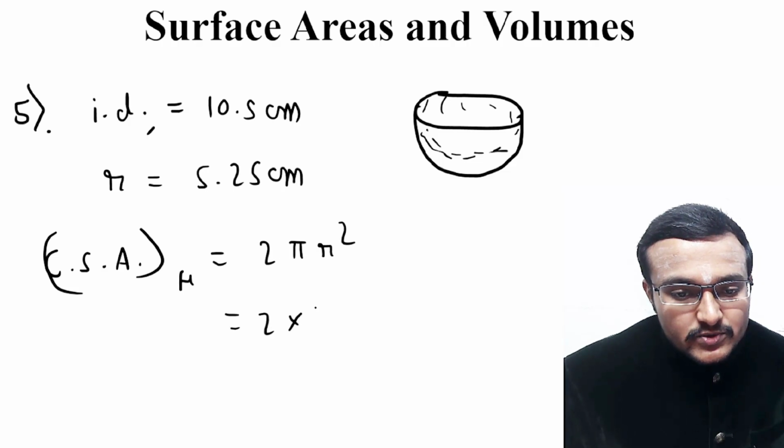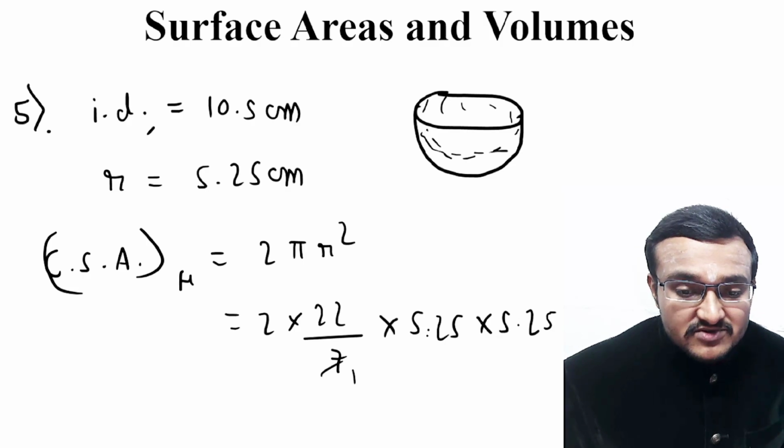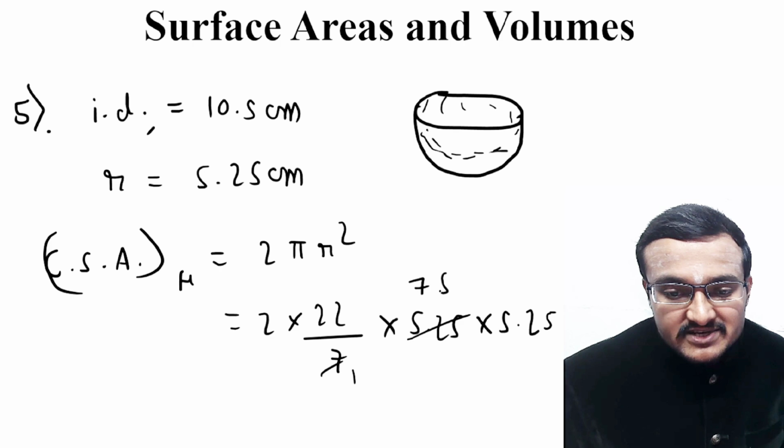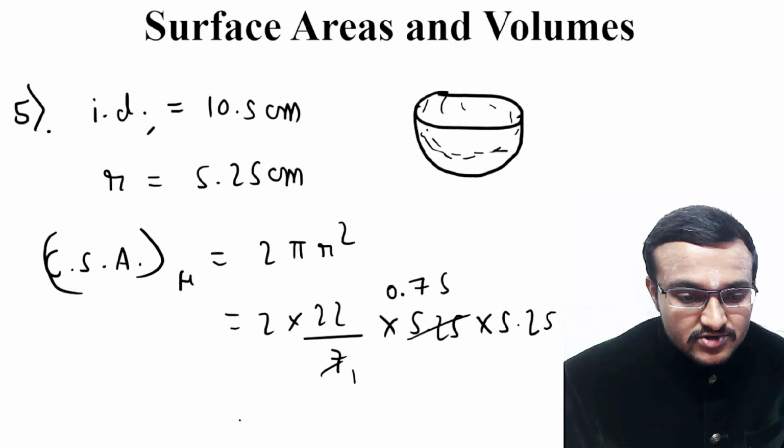So 2 into 22 by 7 into 5.25 into 5.25. Here 7 ones are 7, 7 sevens are 49, 3 will be remaining, 35, so 7 fives are 35. So you have to put the decimal point here. So 0.75 into 5.25 into 22 into 2.